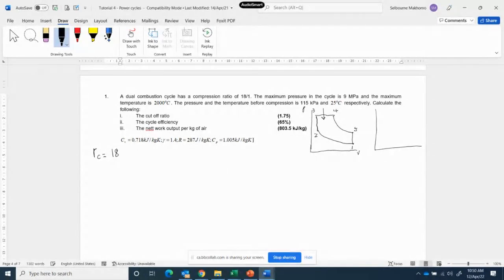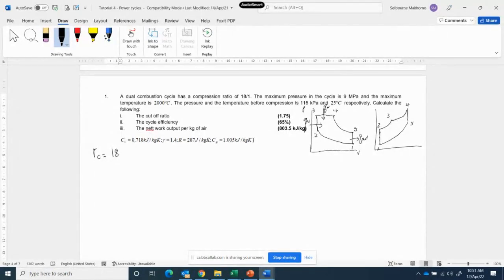Heat is added at constant pressure, and also heat is added at constant volume. Q out. In the TS diagram, we have something like this: 1, 2, 3, 4, and 5.